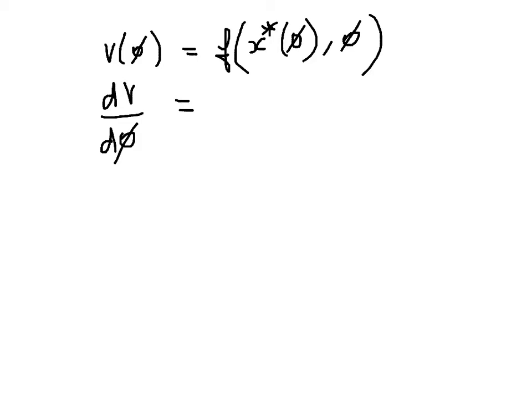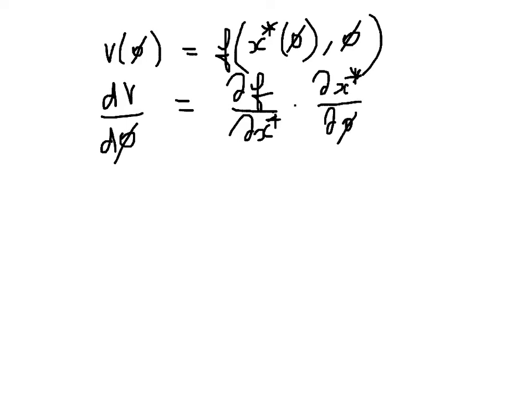So I can write that I have partial derivative of f with respect to x, evaluated at x star, right? Times partial derivative of x star with respect to phi. That's the indirect impact of a change in phi on the objective function, plus the direct impact, which is simply df d phi.